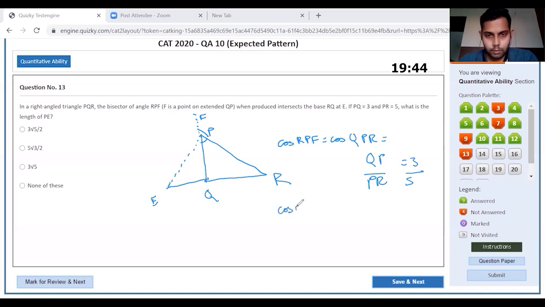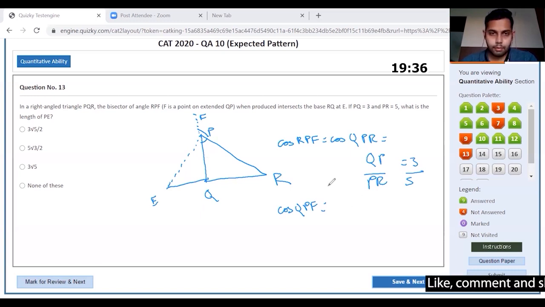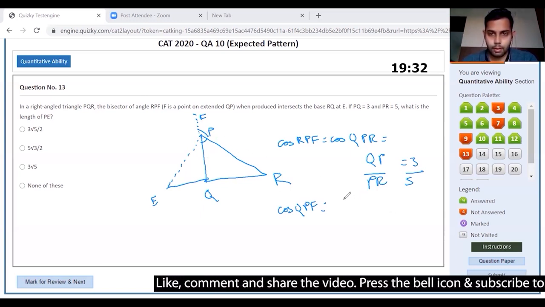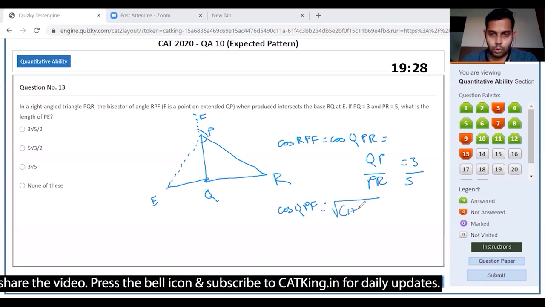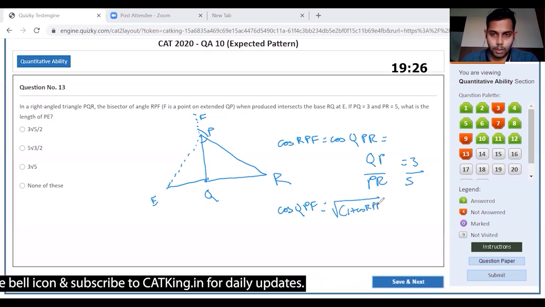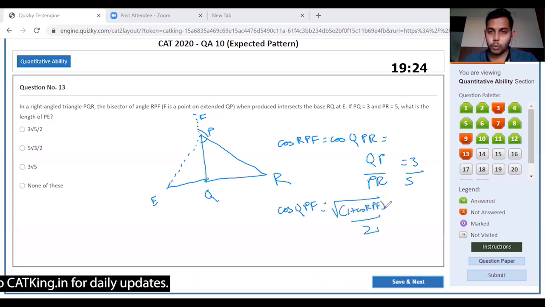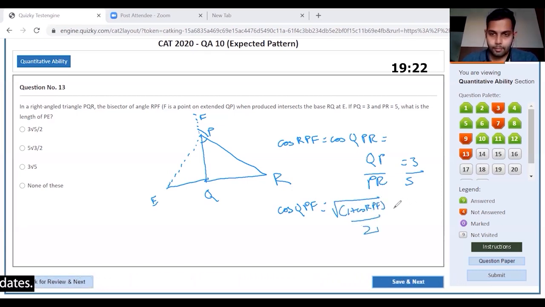So cos of QPF is basically half of RPF, right? QPF is half of RPF, and that formula is root over (1 plus cos of RPF) by 2, which is equal to, let's take this length as y, which is QP, that is 3.